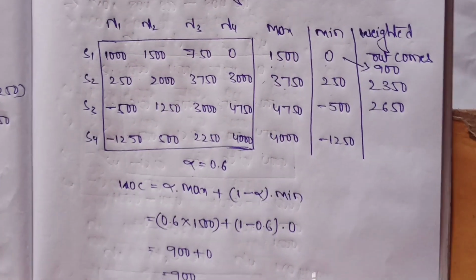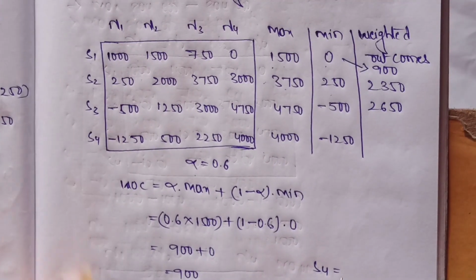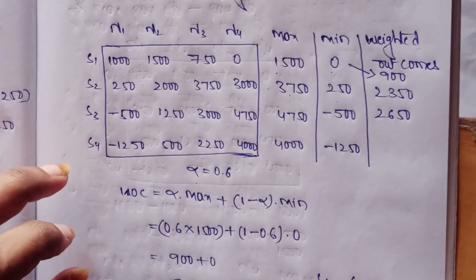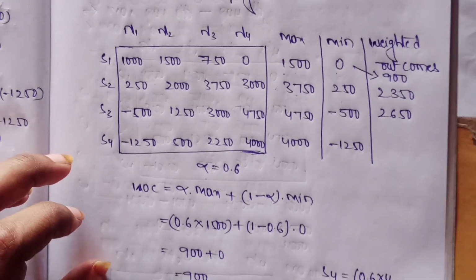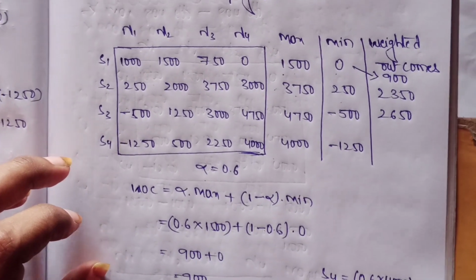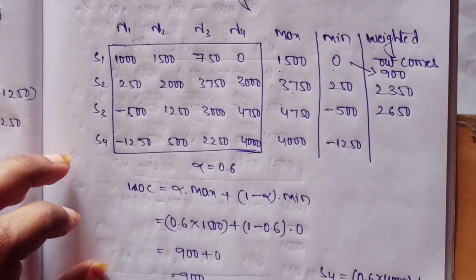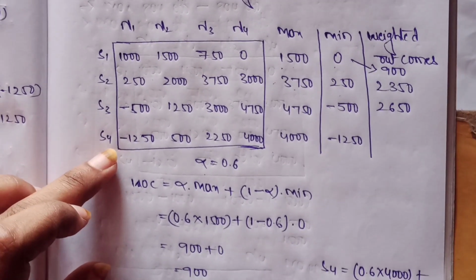And the next one is the S4 row. S4 row is equal to 0.6 into the maximum value 4000 plus 1 minus 0.6 into minus 1250.